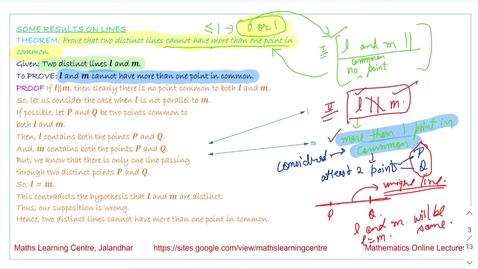But it is given to us that these two lines are distinct lines. So we reach a contradiction.